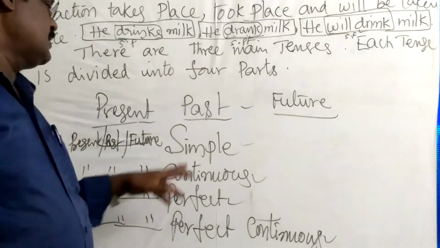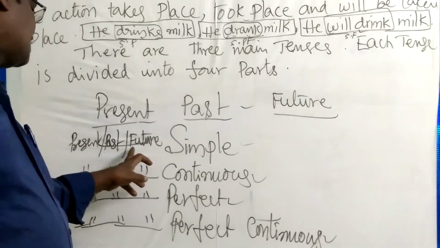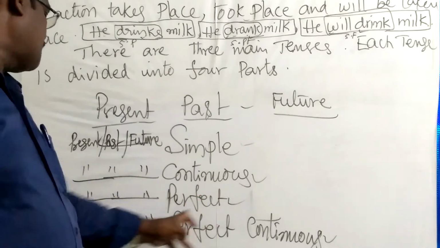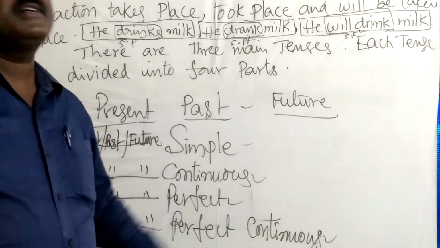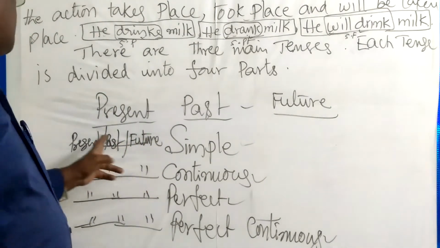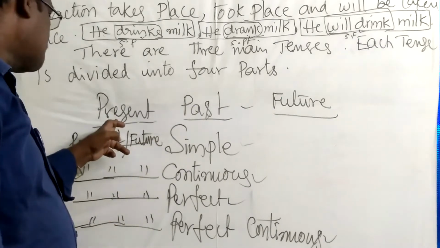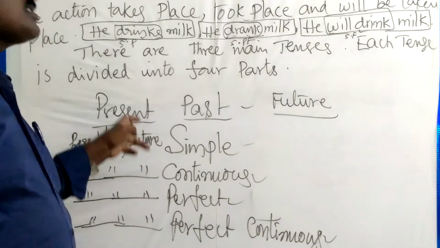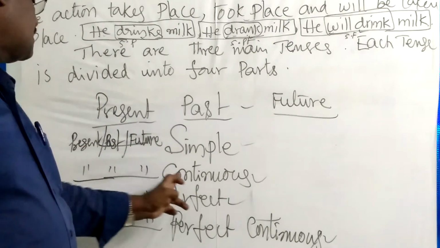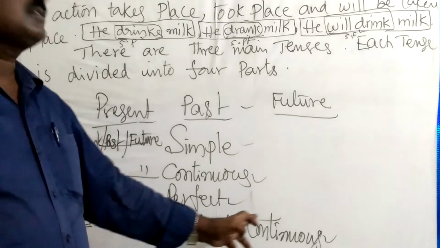My dear students, the shortcut formula: dash simple, dash continuous, dash perfect, dash perfect continuous. Suppose you see here in this blank, present, past, future, you can write. If you take present, what are the four subparts of present? Present simple, present continuous, present perfect, present perfect continuous.